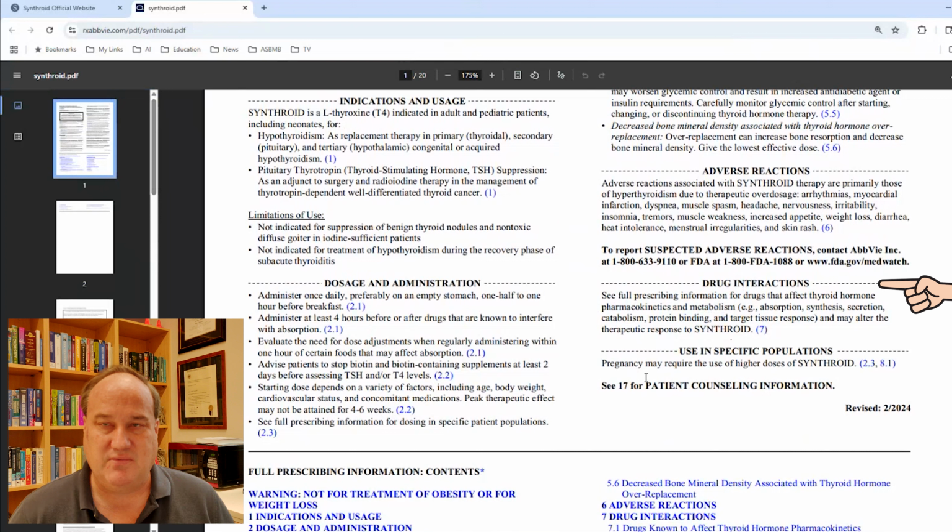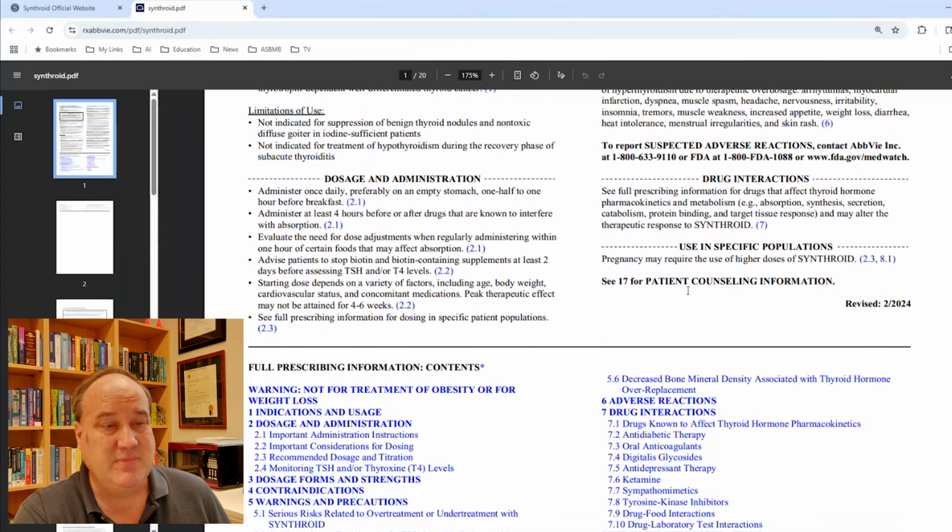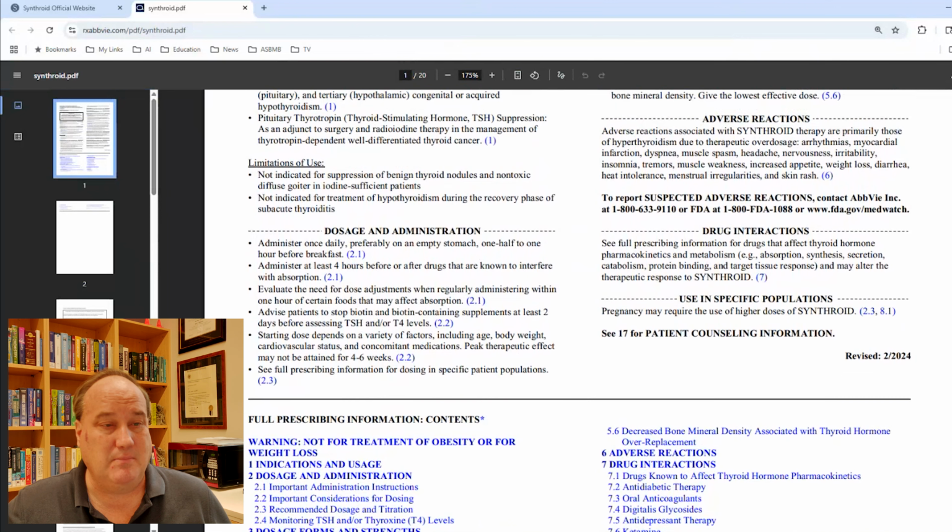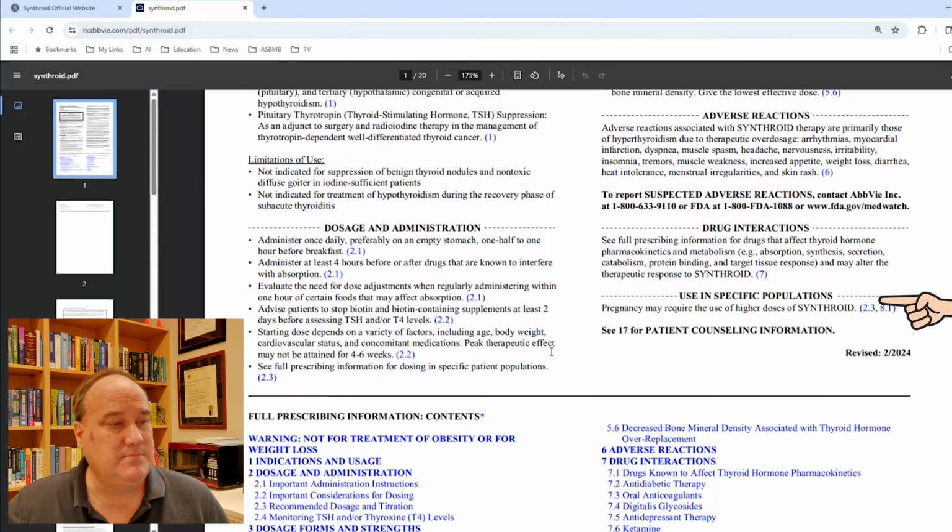Specific food items or vitamins and minerals may also interfere with a particular drug. So for this, you're really going to have to look more into the full information. And then they have use in specific populations. So, for example, pregnancy may require higher doses as well. That's also important, and that's important for the healthcare provider to be aware of when prescribing this drug.